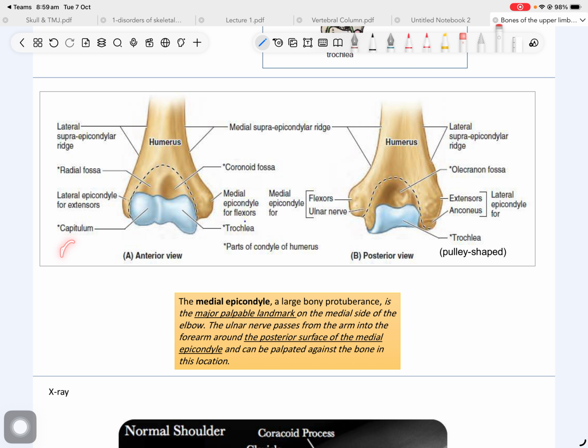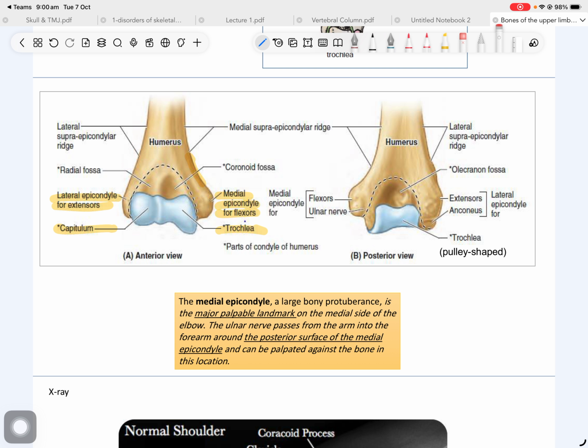Okay? Then on both sides, on the side of the trochlea, I have the medial epicondyle, and here I have the lateral epicondyle. Okay? Then when I move to the top from the medial epicondyle, I come to a roughened area, I call it the medial supraepicondylar ridge, and here I have the lateral supraepicondylar ridge.